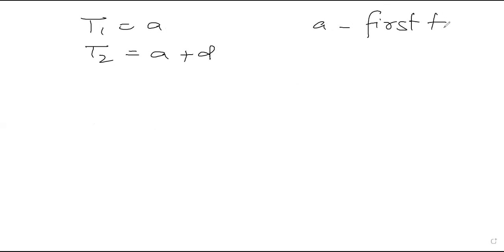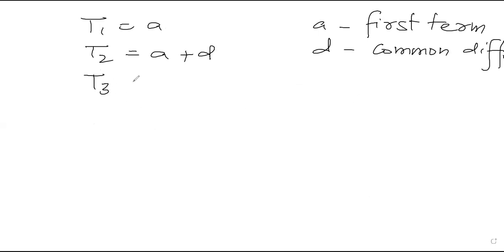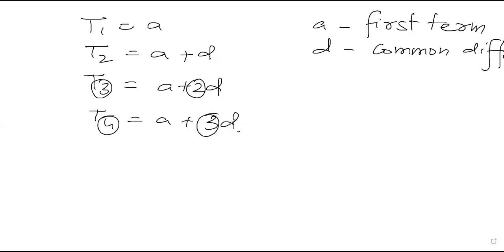The third term I write as a plus 2d. The fourth term I write as a plus 3d. So you must have realized that if I write 3 over here, then 2 comes. If I write 4 over here, then 3 comes.